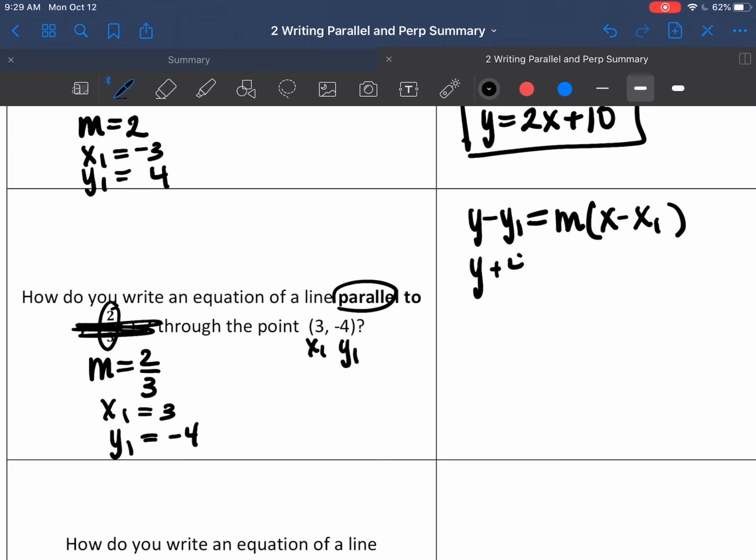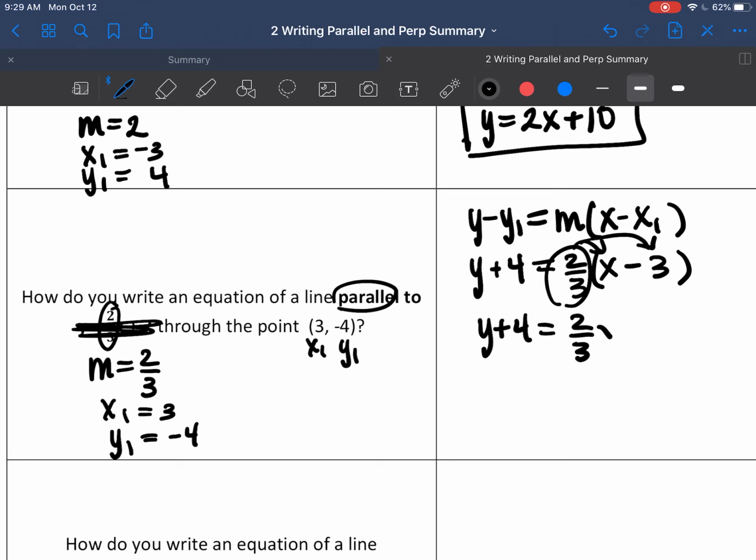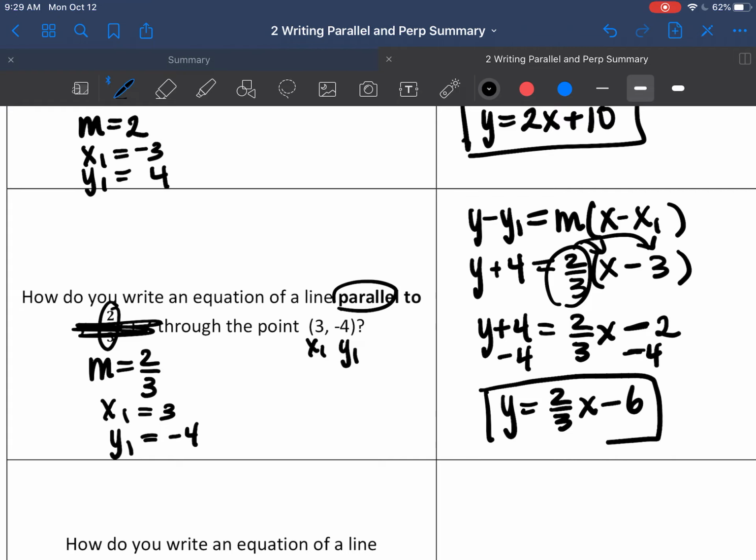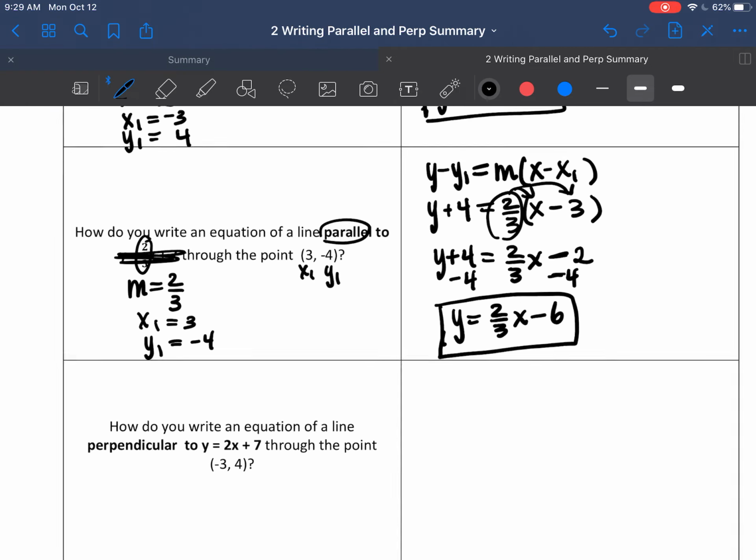So y minus negative 4 equals the 2/3 x minus the x. Convert by distributing. So we've got 2/3 x, and 2/3 times negative 3 is negative 2. Last step, subtract 4. Negative 2 minus 4 puts us even more in debt at negative 6.